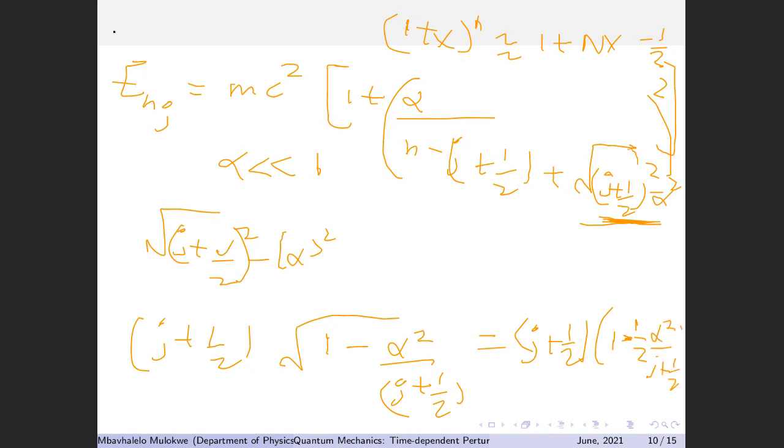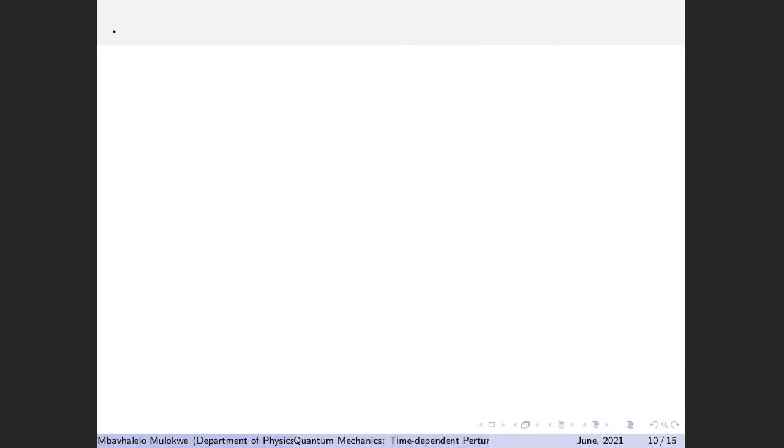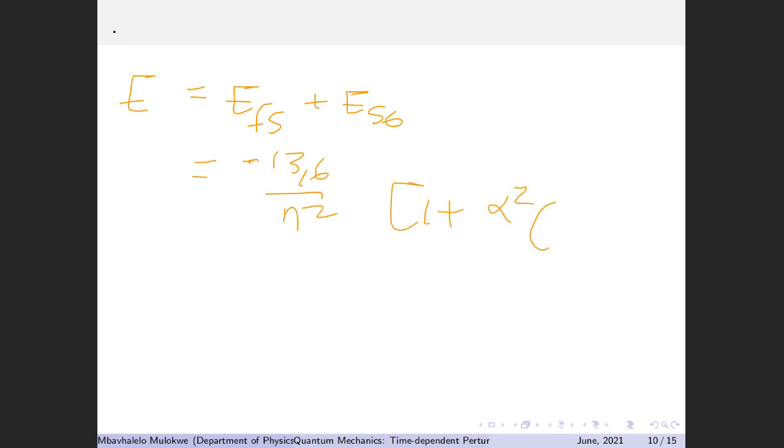So you expand the square roots, you expand the 1 over 1 plus x, then you expand the 1 plus x to the minus half. And doing all these expansions, in the end, you should check that you are able to reproduce what we did for the fine structure constant. If you remember, if you take into account the fine structure of hydrogen plus also the spin orbit coupling, we were able to get the expression 15.6 over n squared, 1 plus alpha squared over n squared of n over j plus a half minus 3 over 4.